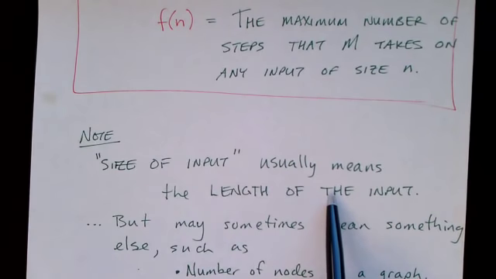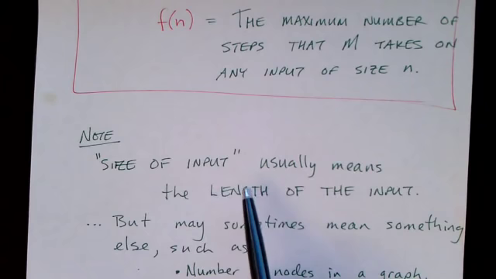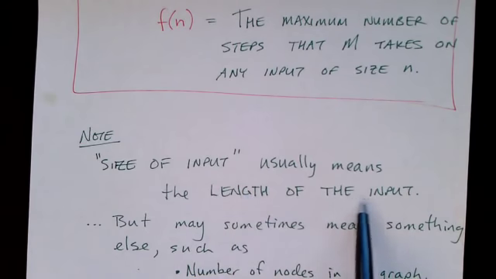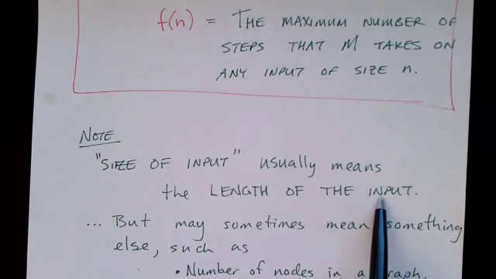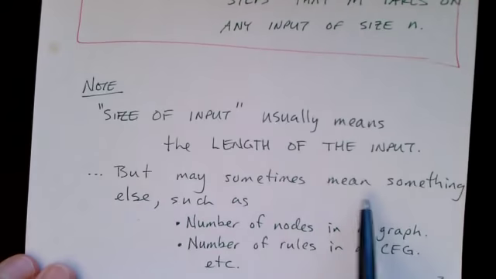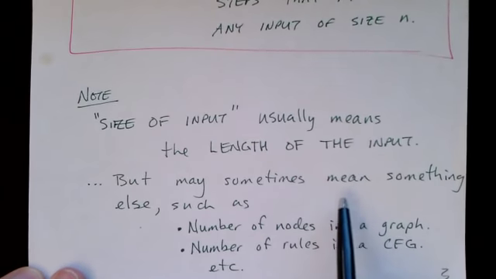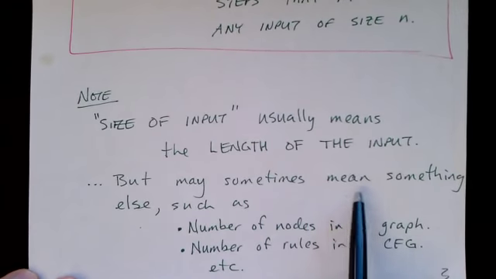When we're talking about other algorithms that are expressed in other ways besides as Turing machines, then we're generally talking about the length of the input to those algorithms. However, for many algorithms, we might really care more about not just the length of the encoding of the input, but something that's more closely related to the problem.